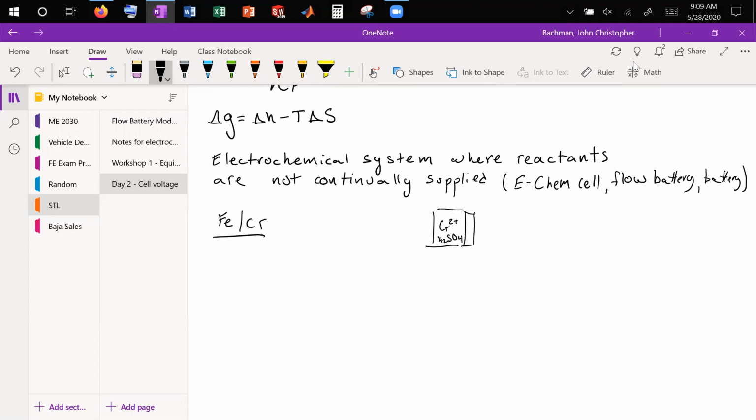I'm not sure that's the acid you'd use with that. You might use hydrochloric acid, but sulfuric acid is a common one in flow batteries. Here you'd have a proton conductor sitting between them. And on this side, you'd start off with some iron 3 plus and some H2SO4.